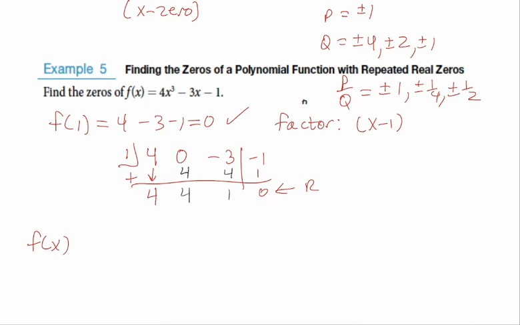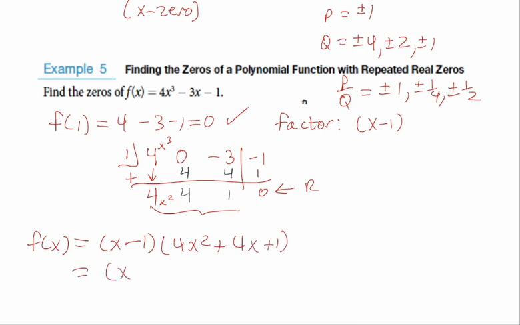Well, we know that f of x is x minus 1, the thing we took out, times the associated quadratic right here. Now remember, that was cubed, so this first term here has to start 1 power lower, so that's x squared. So that's going to be 4x squared plus 4x plus 1. Now, if all is right with the world, we can factor that.